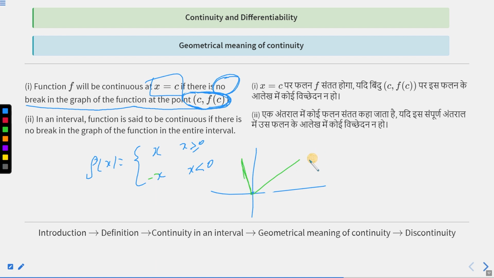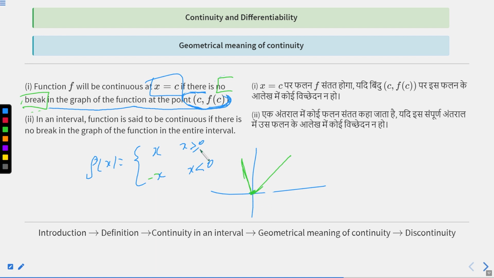Now as you can see, at the point 0 we have no break. No break means continuous at the point c. Okay, so far so good.